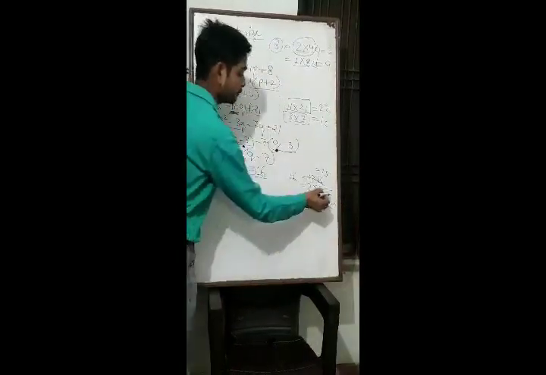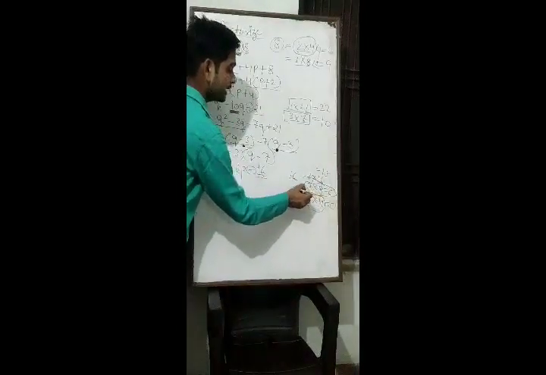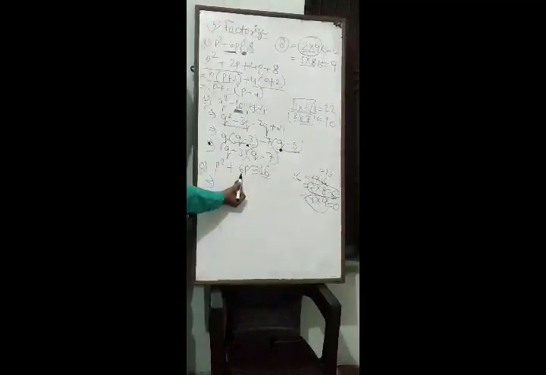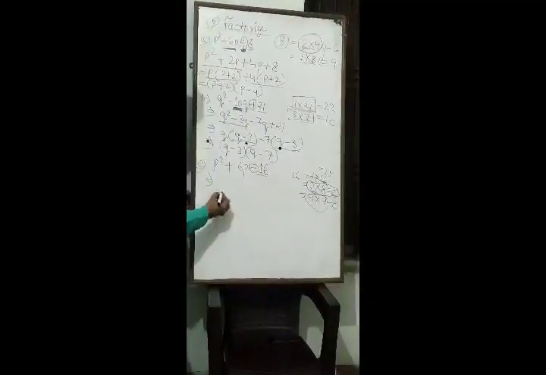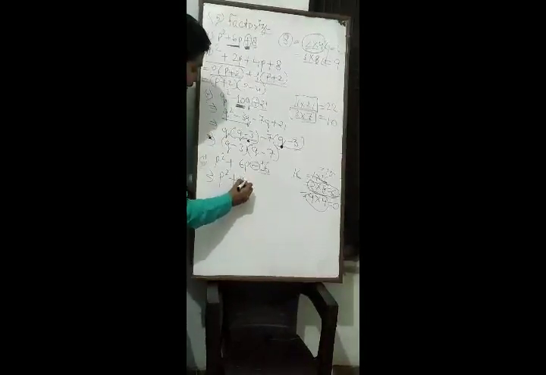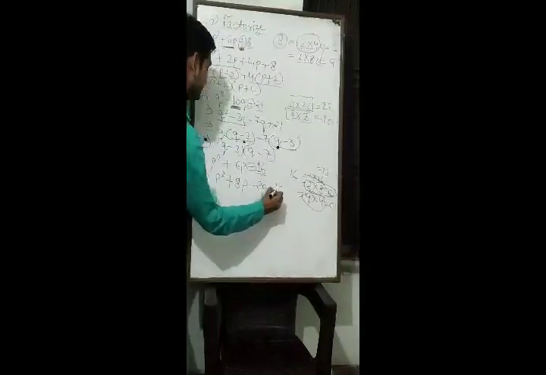What we will pick here? 8 minus 2, because 8 minus 2's value is 6, and you can see here what is the value here, 6. That means we can take p square plus 8p minus 2p minus 16.